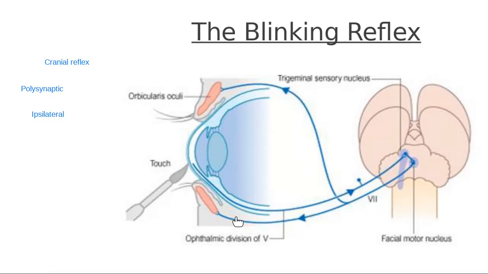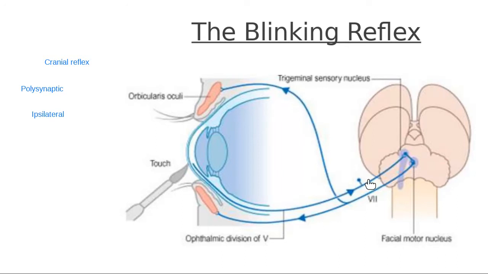So if a piece of dust blows into your eye, the eye that starts watering, that immediately starts blinking, that's the same side as the side where the dirt is. Now, your eye might start watering on the other side too, but the primary side, the side that we see the sensory and motor information going in and out, is the same, ipsilateral.